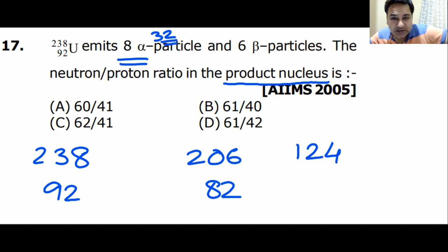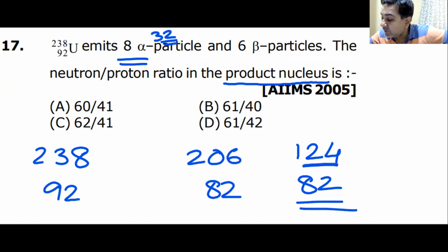So 124 is the number of neutrons, 82 is the number of protons. Now you can find the ratio and the correct answer is 62 by 41.